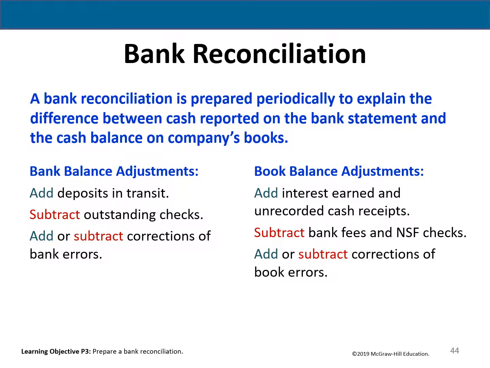That shouldn't have been there. And unless the company knows about it, they didn't subtract it out of their checkbook. So now they find out about it. And then, of course, we could make our own errors when we're doing our checkbook, put the wrong amount in. So we have to correct anything we may find during this process. Those are the common items that will change your checkbook balance.